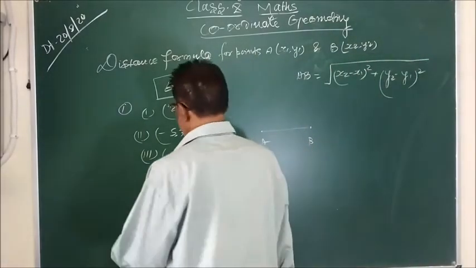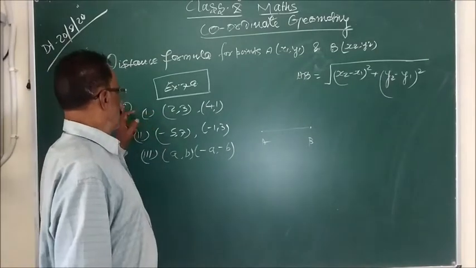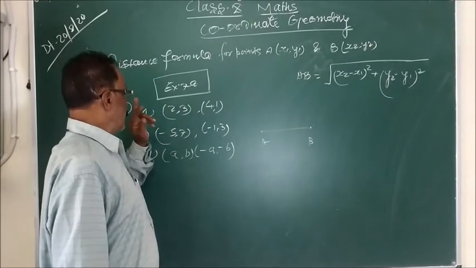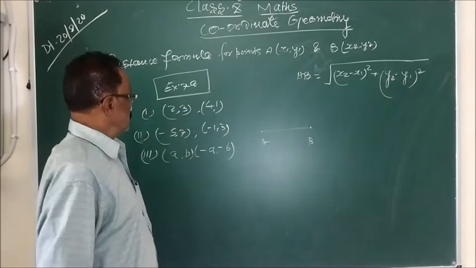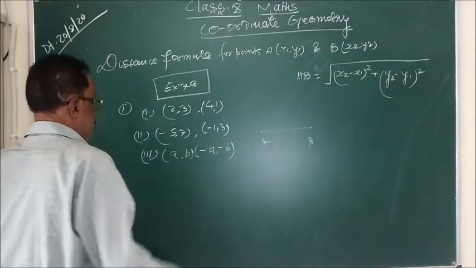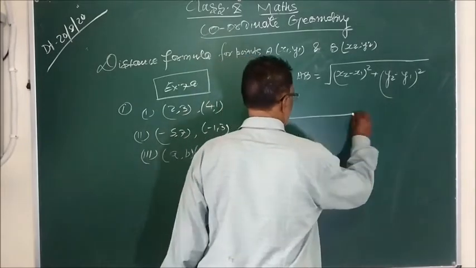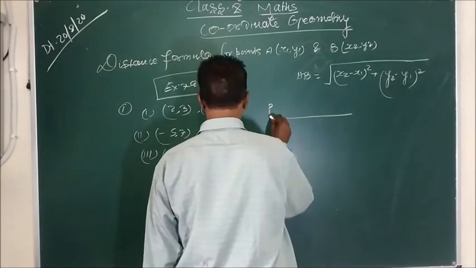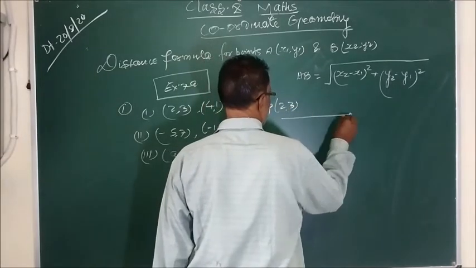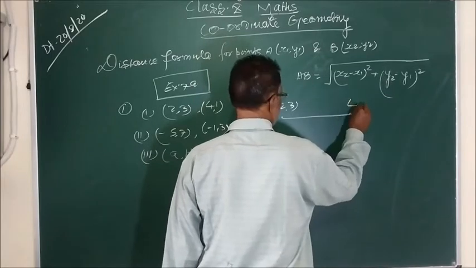So I would like to explain a few questions, a few solutions. Question number 1 of first. Find the distance between the 2 points whose coordinates are 2, 3 and 4, 1. Suppose these are 2 points P, coordinates 2, 3, and Q, coordinates 4, 1.